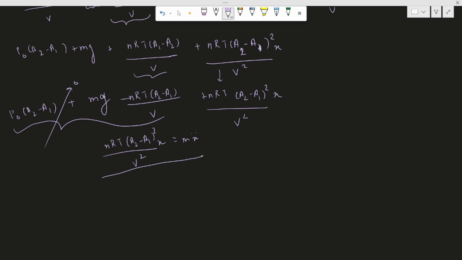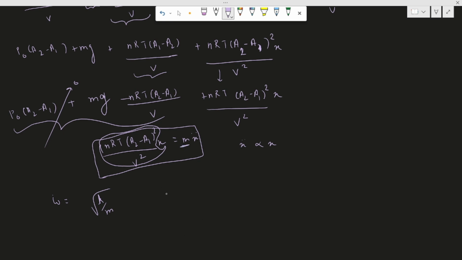So this equation is a very well known equation of SHM, where x double dot is directly proportional to x. So we can write omega easily. Omega is equal to root of k by m, where k is this term, and m is this.